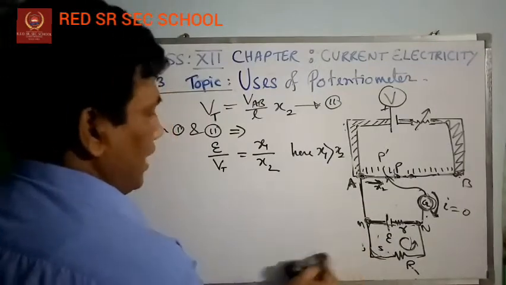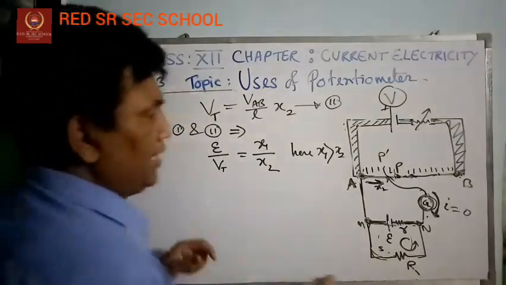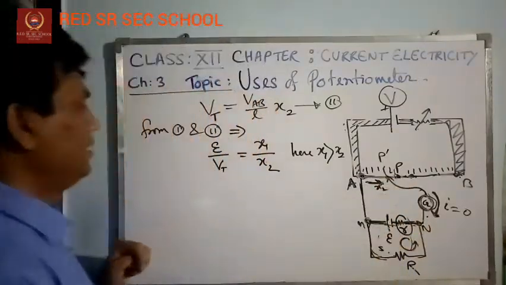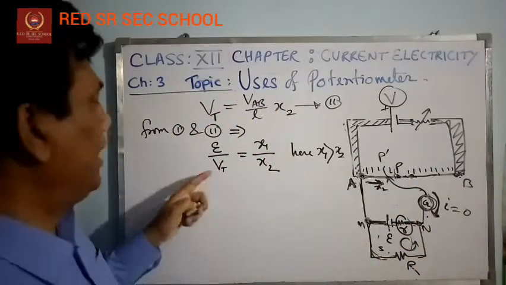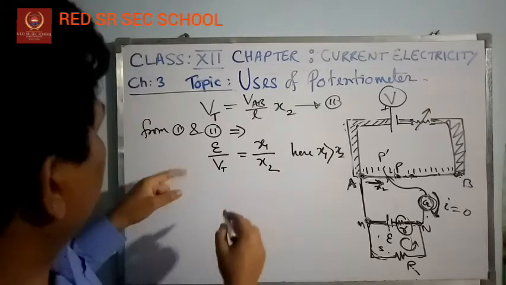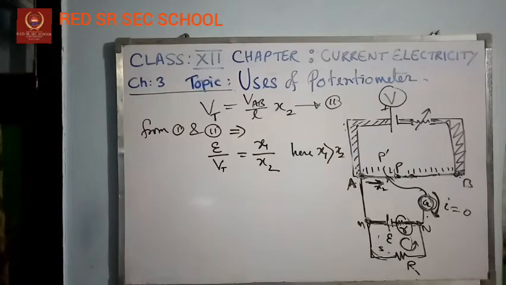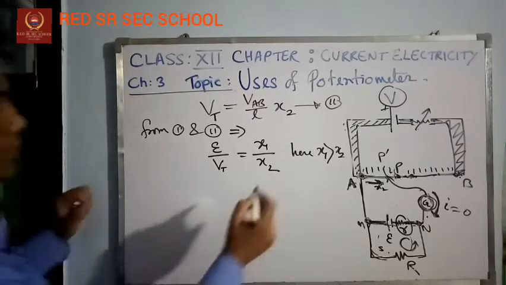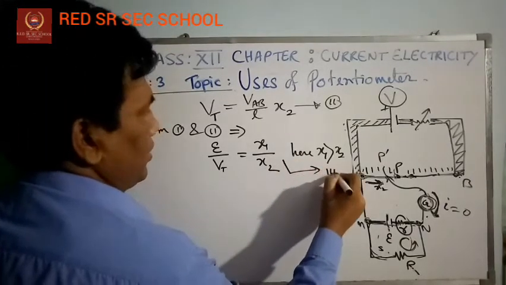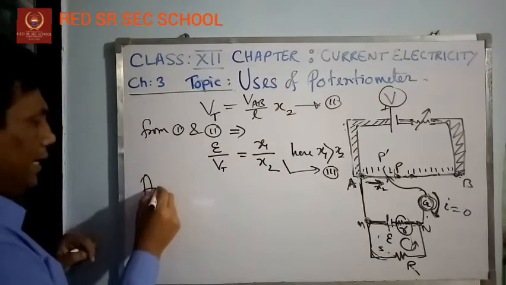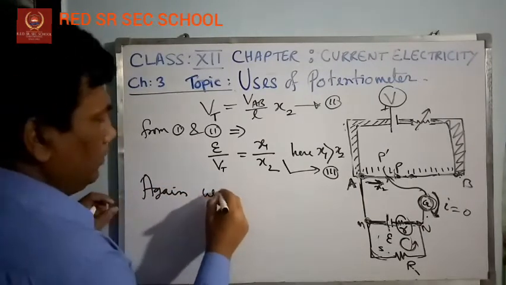Now our aim is to find the internal resistance r, but up till now I have not developed any relation which contains small r. Are you getting my point? Now I am going to convert this ratio, EMF by terminal voltage, in terms of internal resistance. So put this as equation number 3.